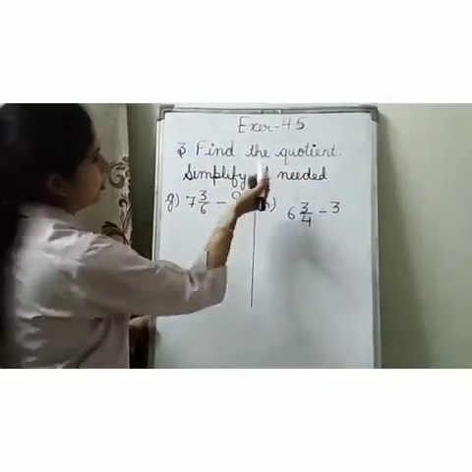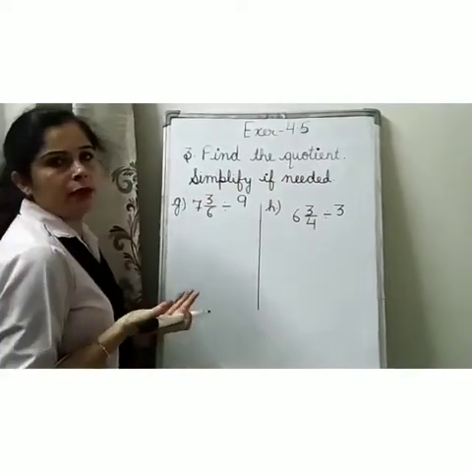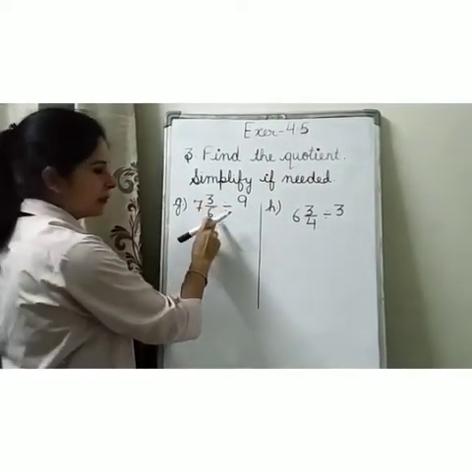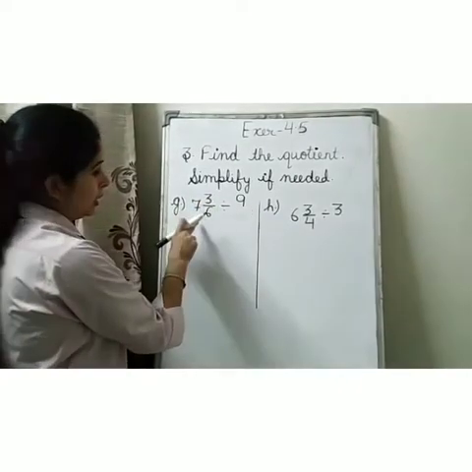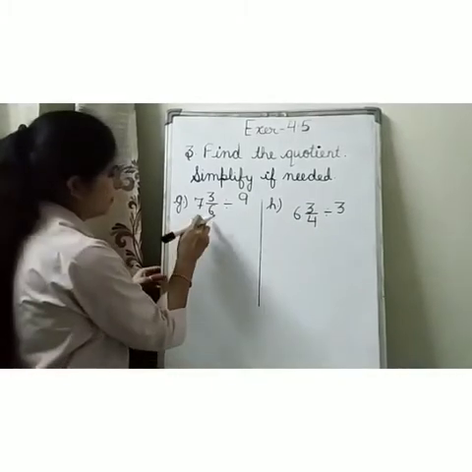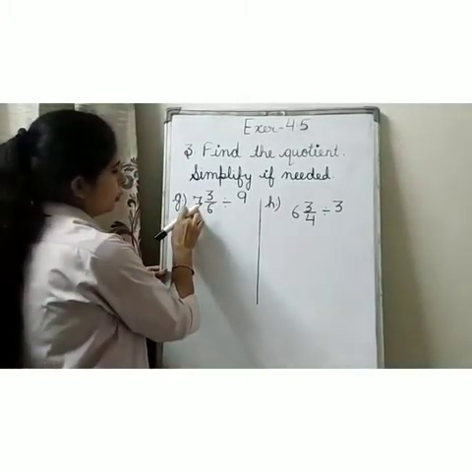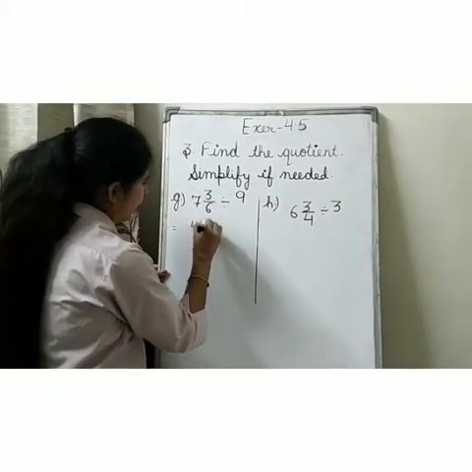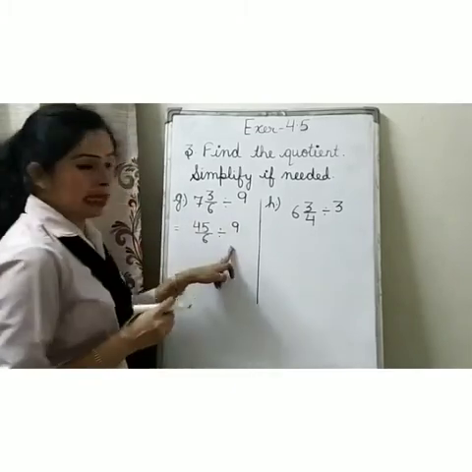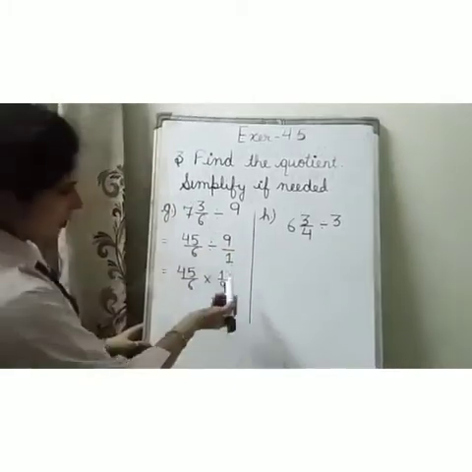Find the quotient. Simplify if needed. Quotient means the answer of a division question. G part, 7 and 3 over 6 divided by 9. Mixed number divided by a whole number. The very first step, convert the mixed number into an improper fraction. 6 sevens are 42 and 3, 45 over 6 divided by 9. 9 is a whole number, so write 1 under it to make it a fraction.